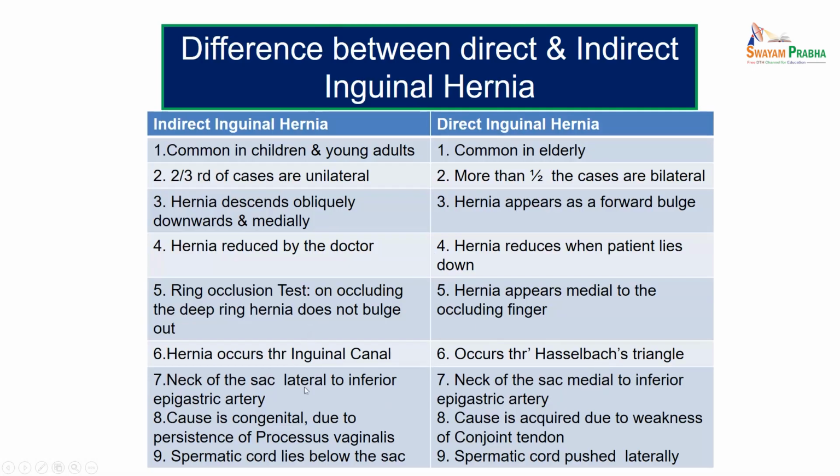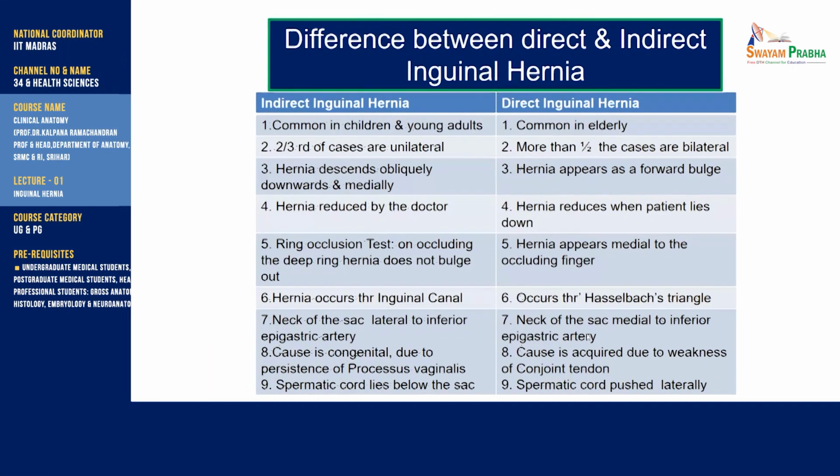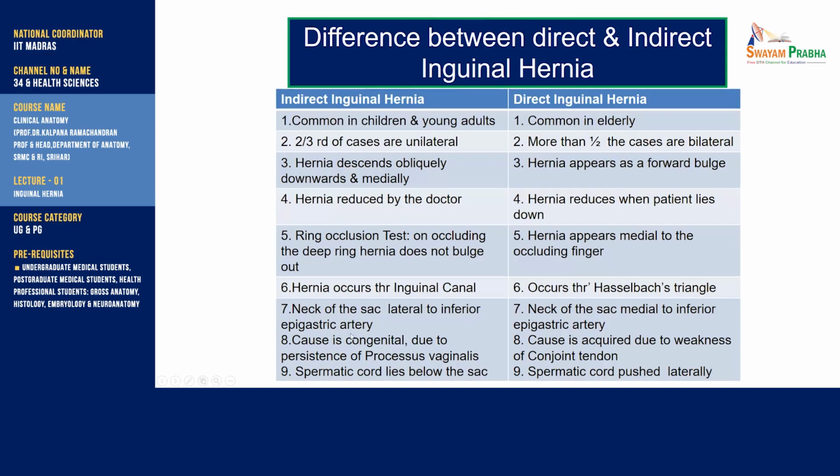And as has been already said, the neck of the sac in case of indirect inguinal hernia is lateral to the inferior epigastric artery. And here the neck of the sac is medial to the inferior epigastric artery. The cause in indirect inguinal hernia, as I have already mentioned, is the persistence of processus vaginalis.